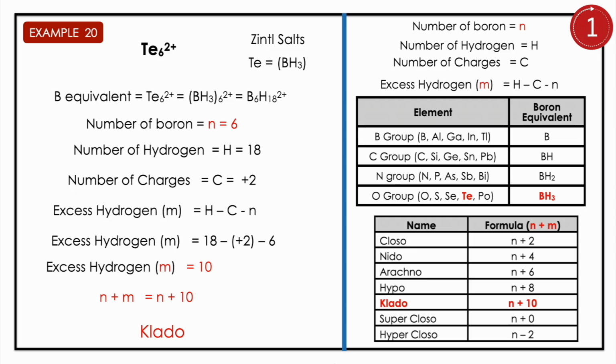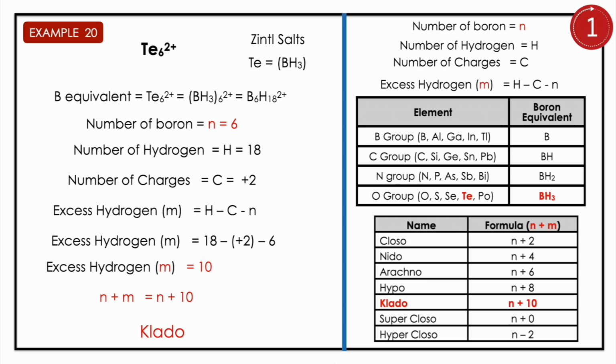You can apply Wade's rule here. First step will be counting the boron. There are 6 borons, so N equals 6. There are 18 hydrogens, so H is 18. Charge is plus 2, so C is plus 2. Excess of hydrogen will be H minus C minus N. If you substitute it, you have 18 minus plus 2 minus 6.